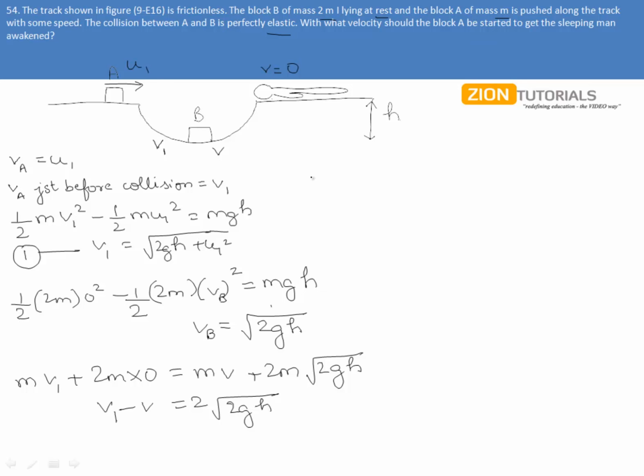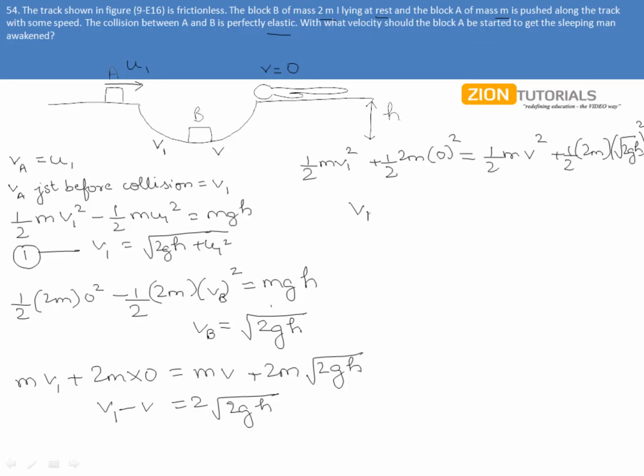Also, from the energy conservation, I can write down half m v1 square plus half 2m into 0 square equals to half m v square plus half into 2m into under root 2gh whole square, because total kinetic energy is the same before and after the collision in a perfectly elastic collision.